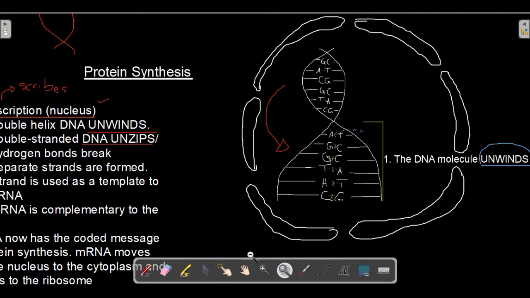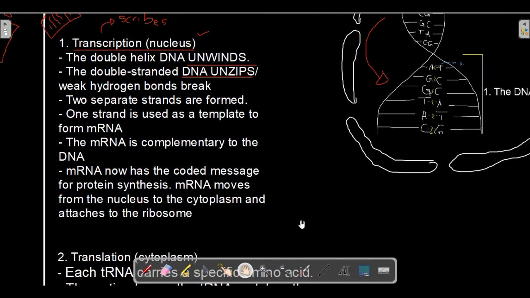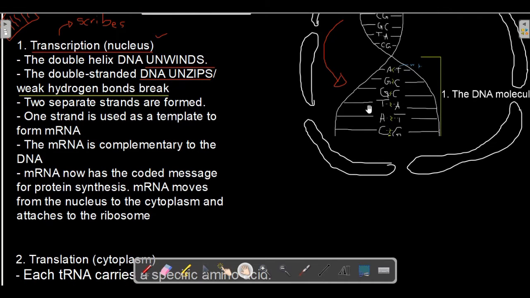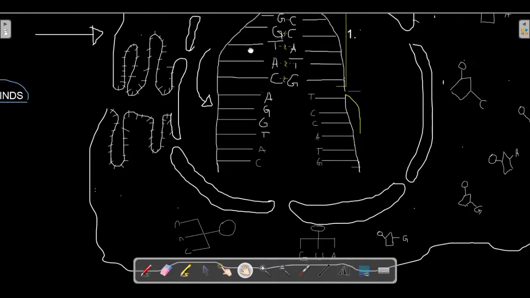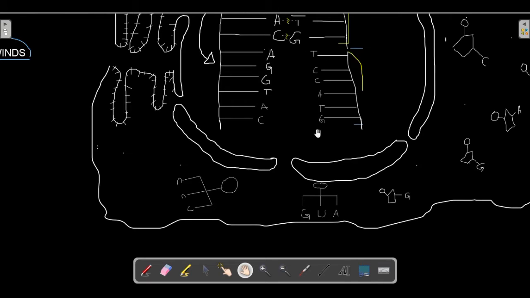That's the second step: it unzips, or you can say that weak hydrogen bonds break. Third step, the two separate strands are formed. So now you go from DNA that is untwisted and has its weak hydrogen bonds broken, and it will look something like this. You have two strands separated like that.